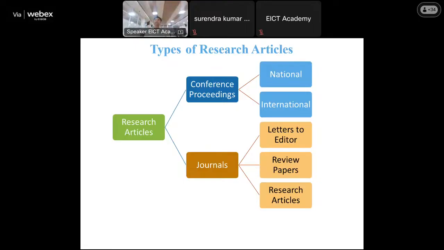Not all journals support a letter. So you need to follow the journal guidelines to see whether that particular journal allows letter submissions or not. A letter is typically a 2 to 3 page article where you concisely write down your research findings. That is one way of publishing, which we consider the fastest.